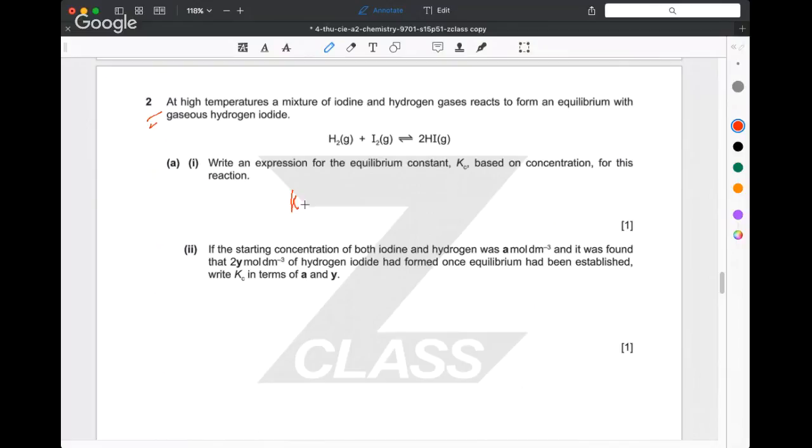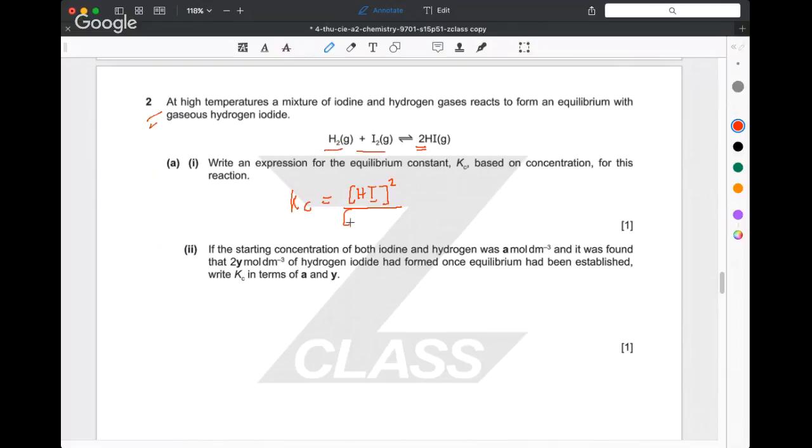And the equilibrium constant expressed in terms of concentrations is: you have the concentration of the product. Remember, these square brackets mean concentration. And because you've got a stoichiometry of 2 there, you put the product concentration to the power of its stoichiometry. And then on the denominator, you have these 2 reactants.